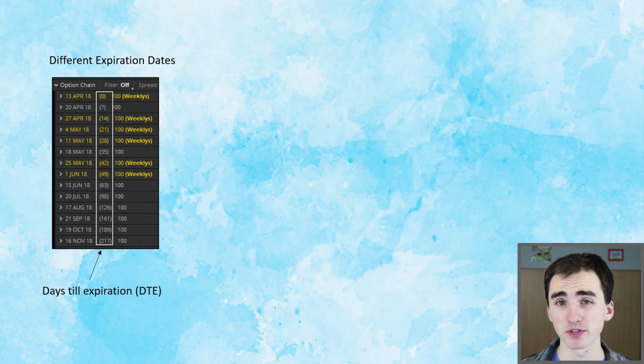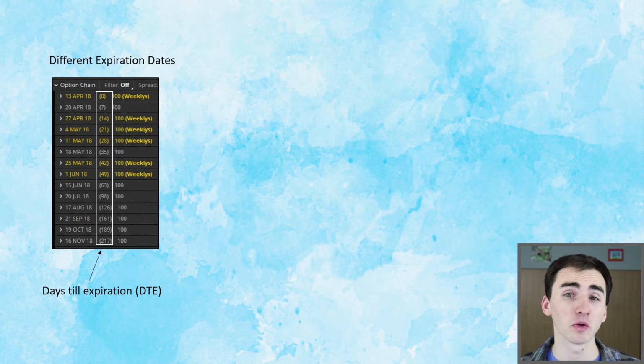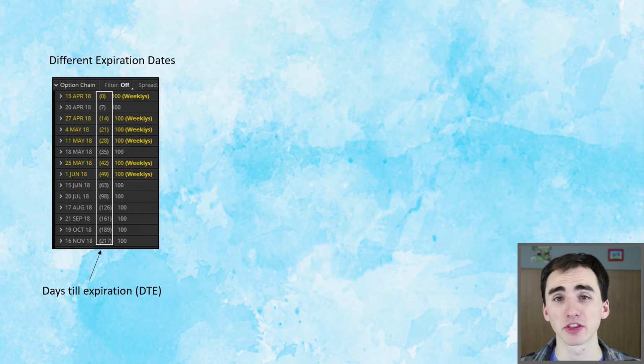Now with options, because they're a contract with a certain time on that contract, you're going to have to pay more or less based on how long that contract is. So if a contract is only for 7 days, you're going to have to pay less than if the contract was, let's say, 30 days.